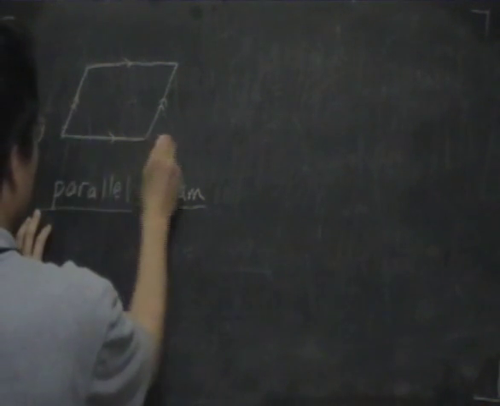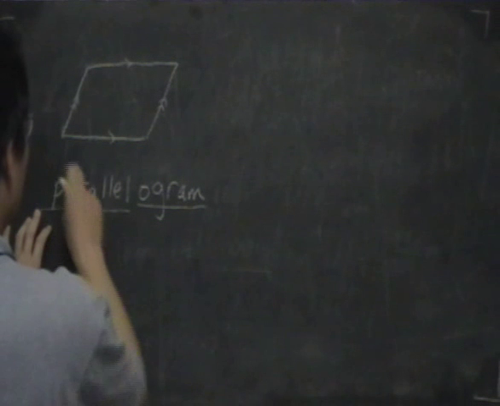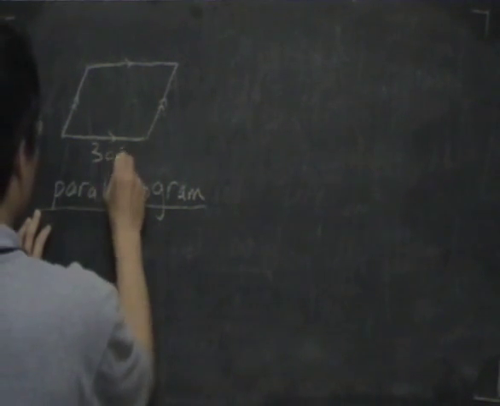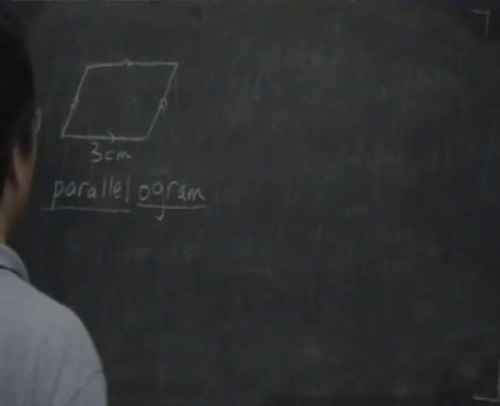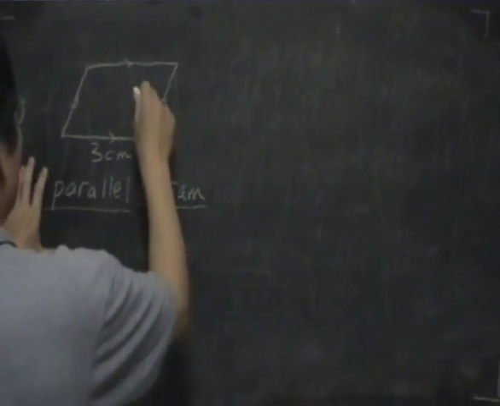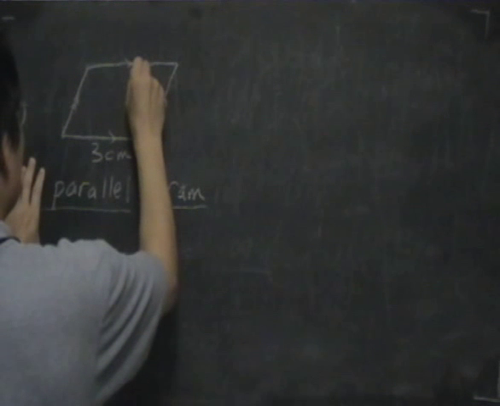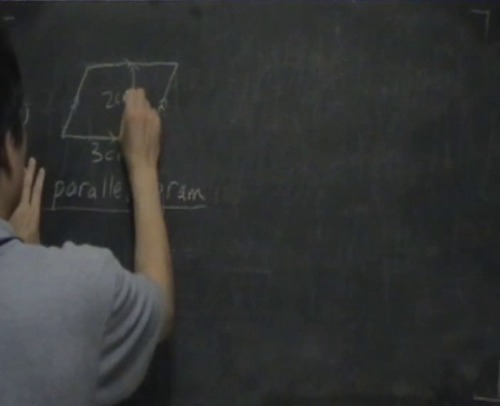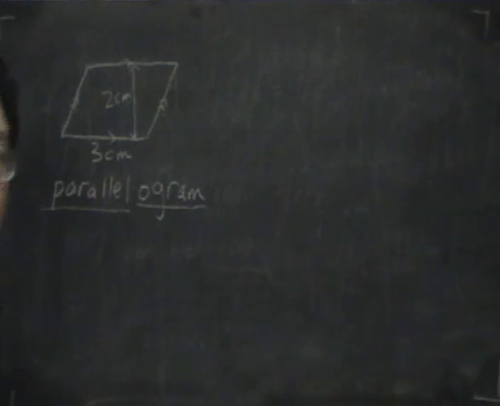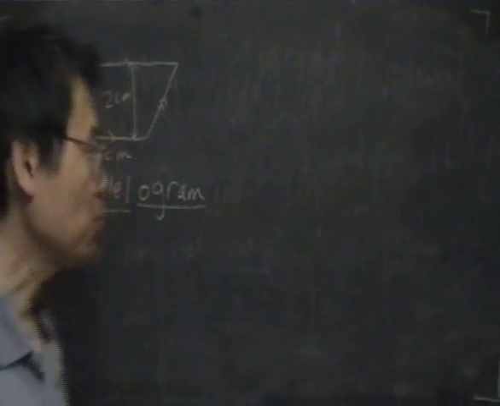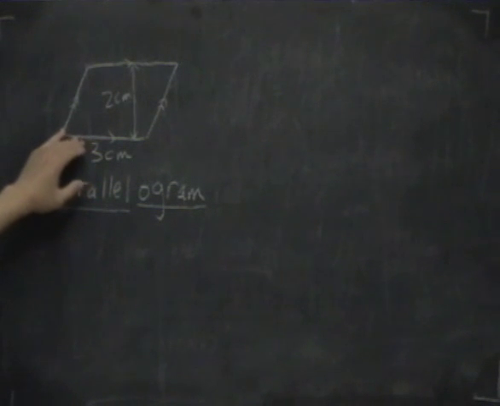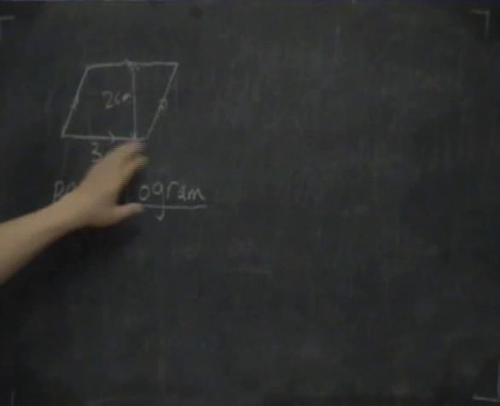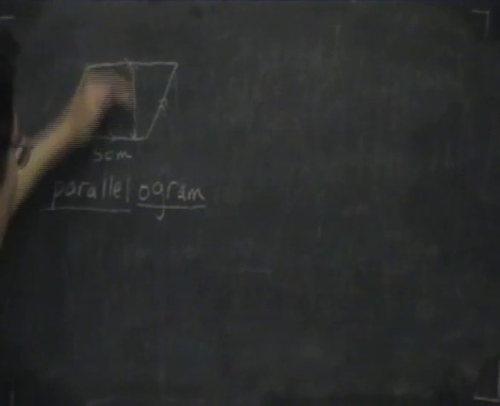Suppose that this bottom side, this base here, is 3 centimeters. Okay? Now, and that this height is 2 centimeters. So that's the information we need to find the area. We need to know the base and the height.